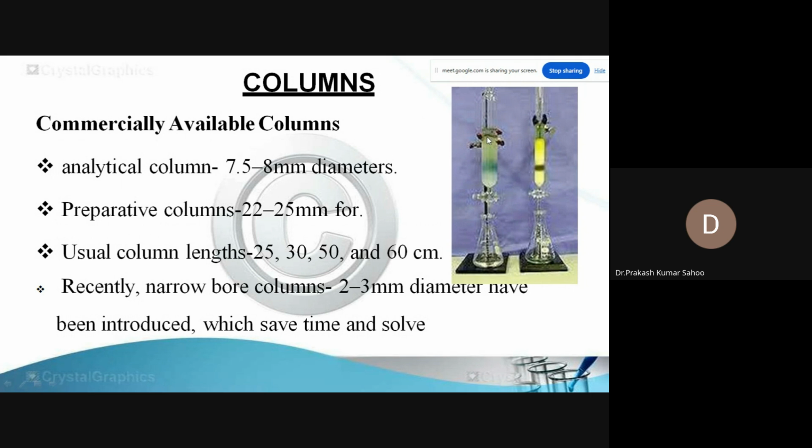Recently, narrow bore columns of 2 to 3 millimeter diameter have been introduced, which save time and solve the problem of delayed separation of components of a mixture of a solution.